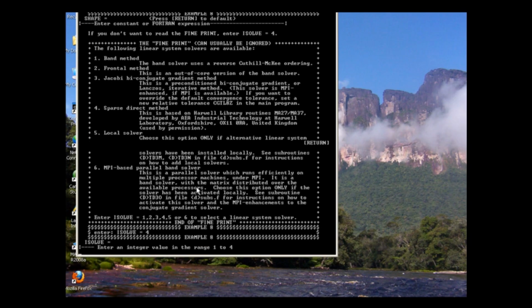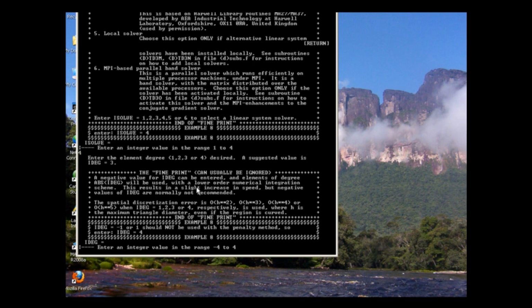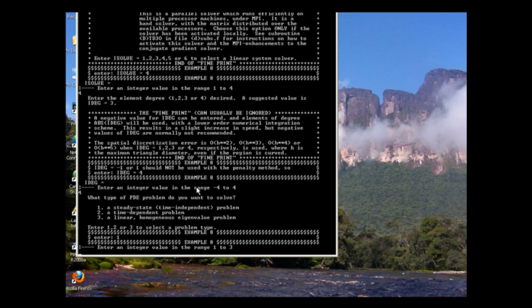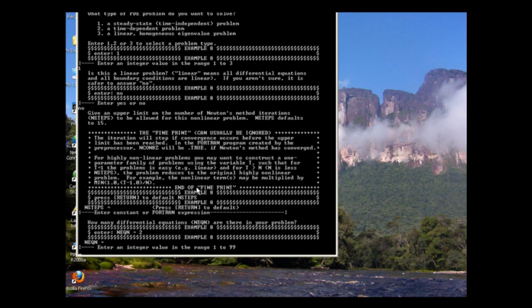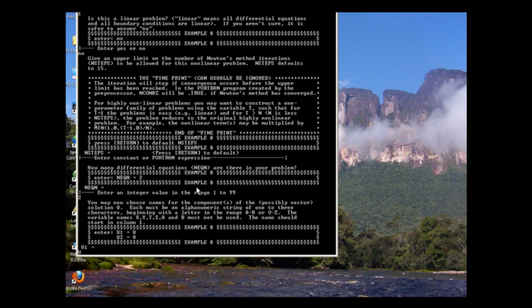The suggested linear system solver is isolve equals 4, the sparse direct method. We'll use that, and fourth degree elements. The problem is steady state. It's not linear. There are two equations. We'll call the unknowns U and V.